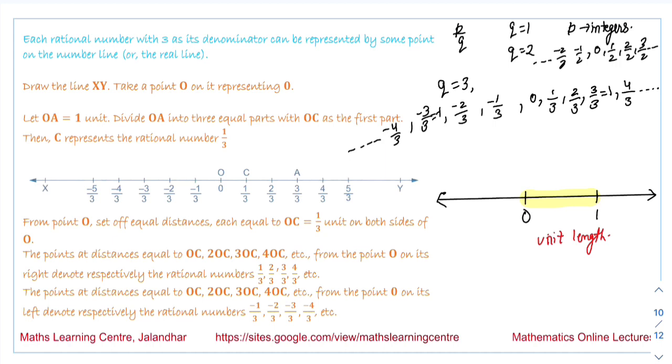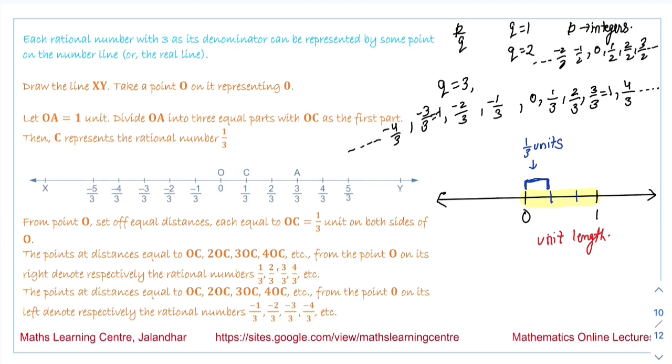Now in this case we are going to divide the unit length in three parts. To divide the unit length in three parts, we mark 2 points over here. So this one part will represent the length 1 by 3 units.